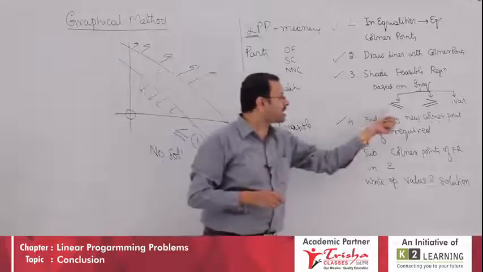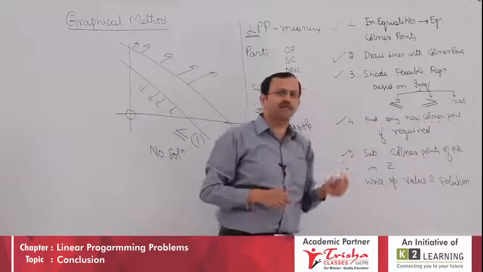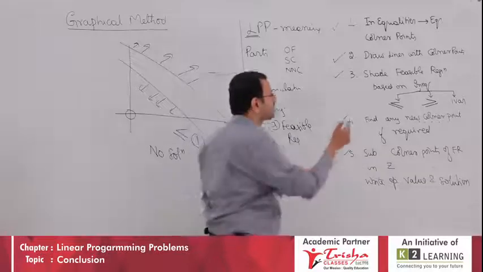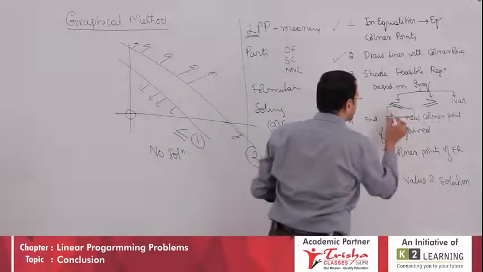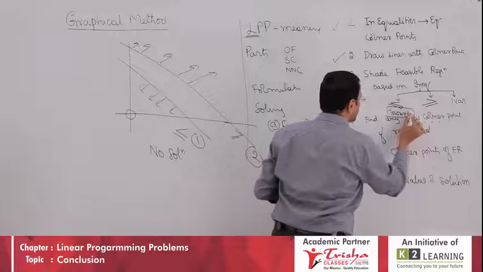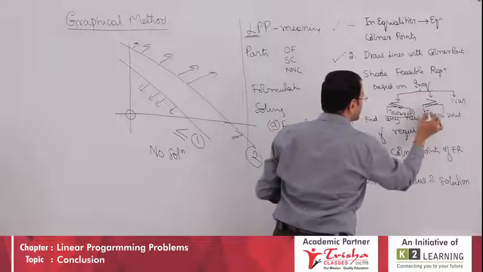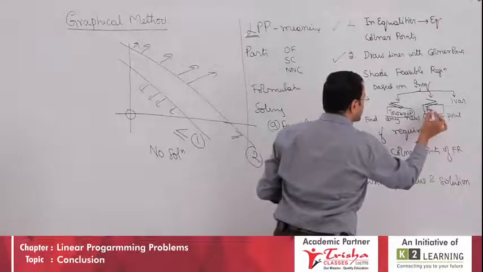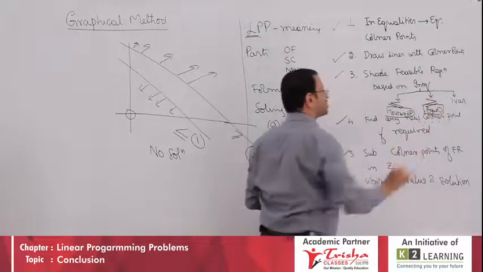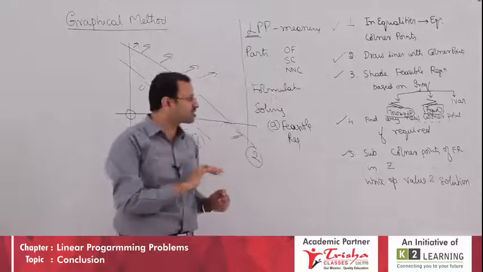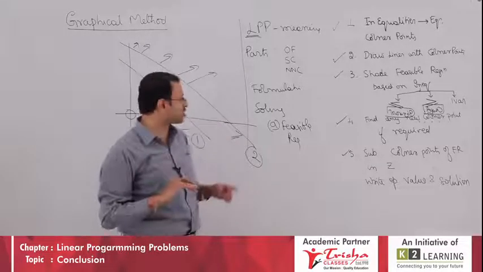Alright, it has 3, less than, greater than. Whenever it is less than, shade towards origin, towards 0. Whereas the other one, it is against 0, not towards 0. You have to shade opposite 0. So, one is towards origin, other one is against origin.